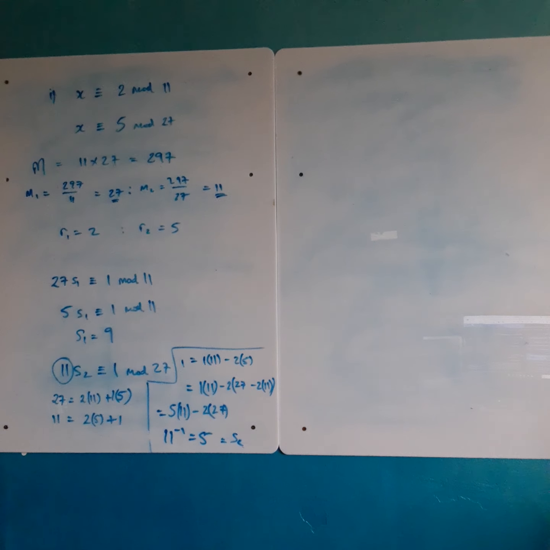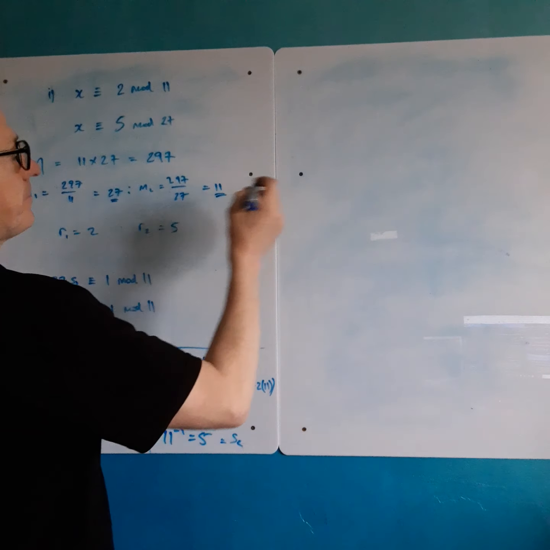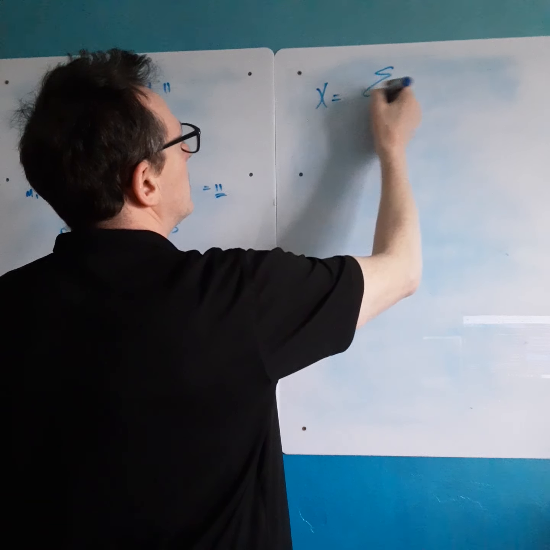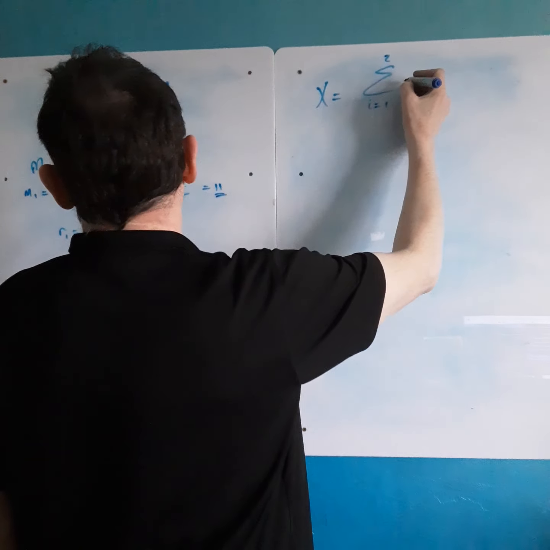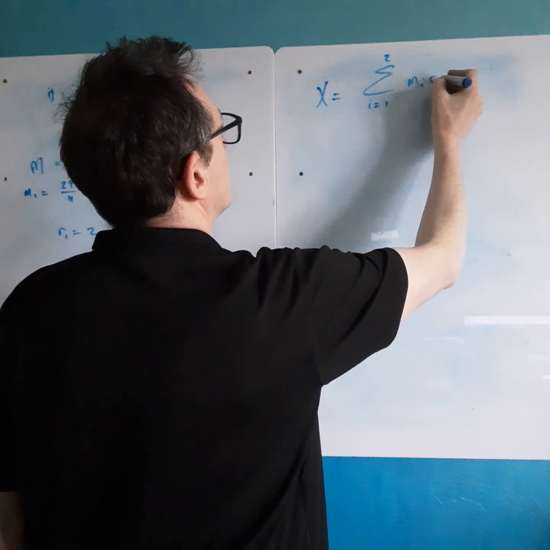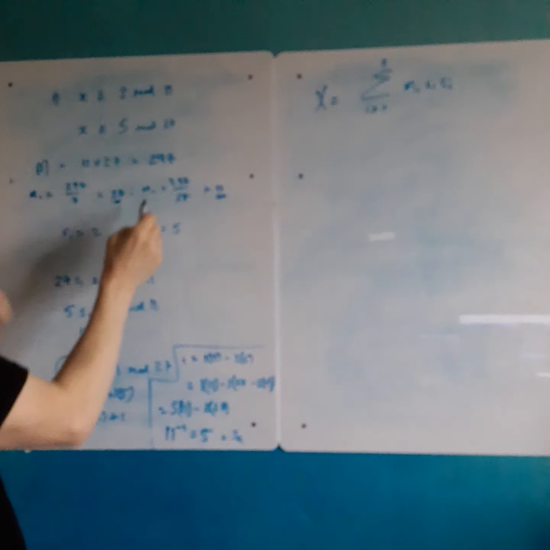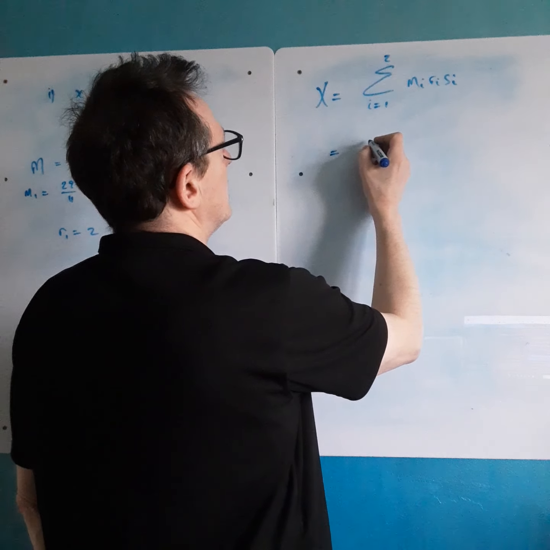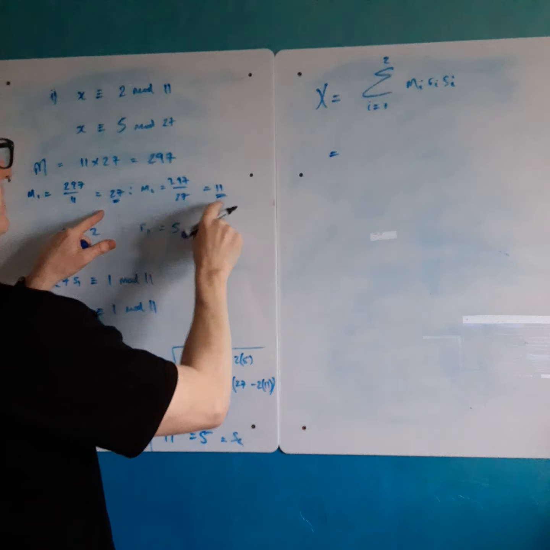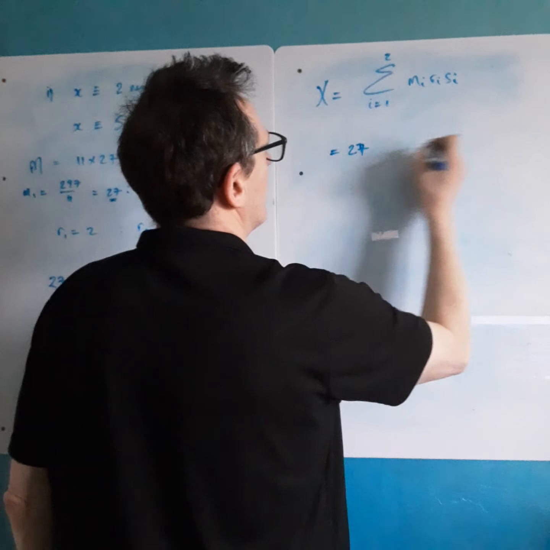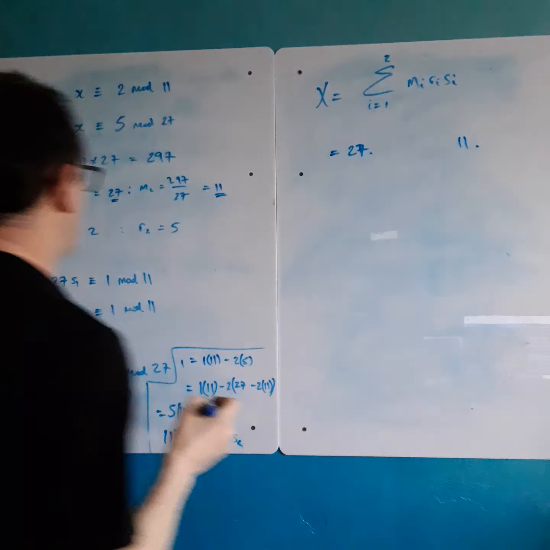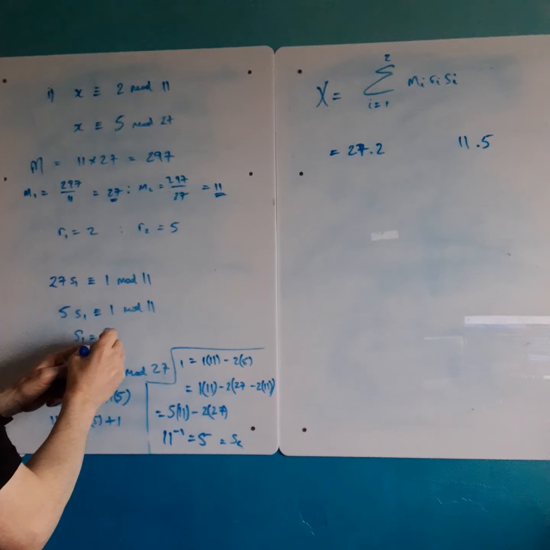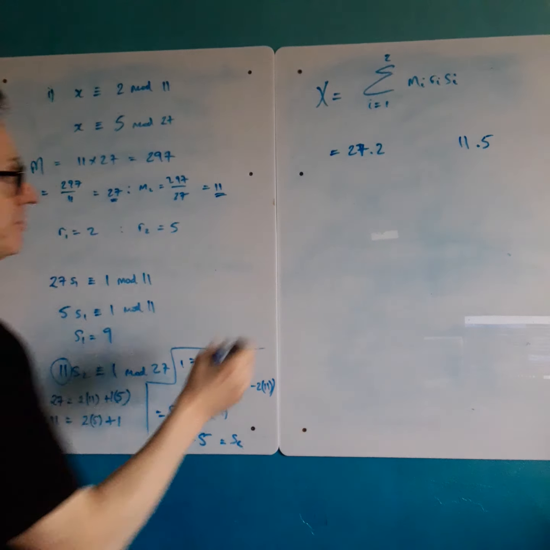Right, so to finish this one out, x is equal to the sum from i equals 1 to 2 of the Mi Ri Si. So it's the moduli by the remainders by the solutions to the equations. The moduli are 27 and 11, the remainders are 2 and 5, and the solutions to the two equations are 9 and 5.